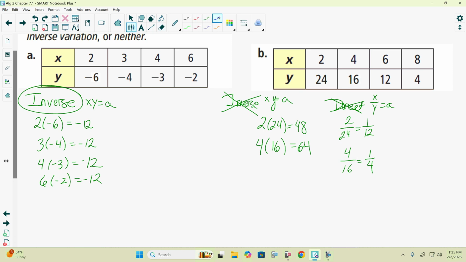Now, yes, if we did y over x instead, we would get 24 over 2, which is 12. 16 over 4 is 4. Still not the same. We still get the constant ratio, that constant amount. It's just the reciprocal of the amount we would have gotten otherwise. Still the same amount, it's just the flip of it. Questions on this here?